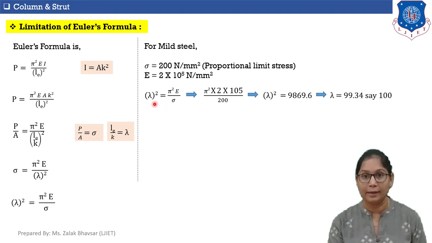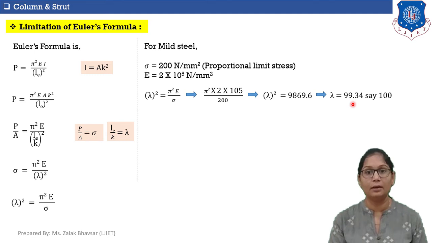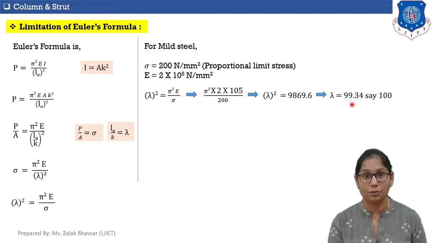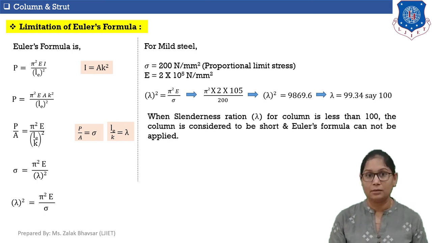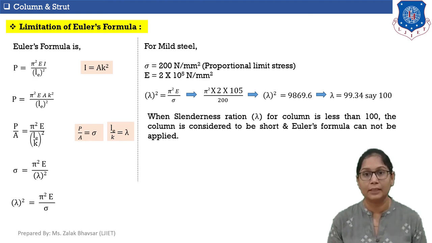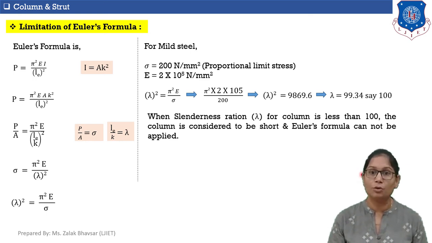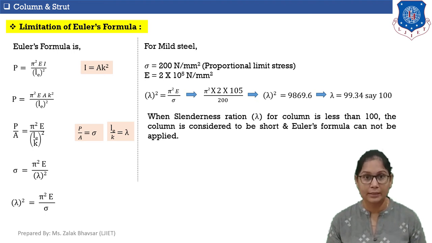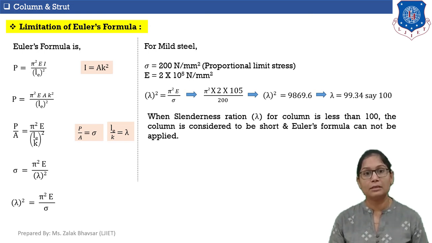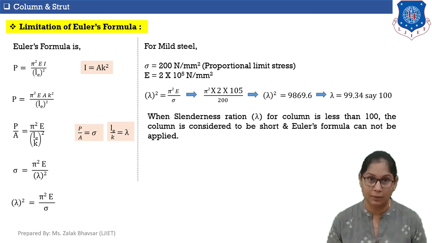So I am getting lambda is equal to 99.34. So we can say that lambda is equal to 100. It means that Euler's formula is only applicable when lambda is greater than 100. Okay, so in other words, we can say that Euler's formula cannot be applied in case of a short column. Okay, so this is the limitation of Euler's formula.